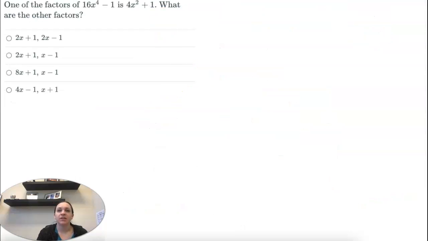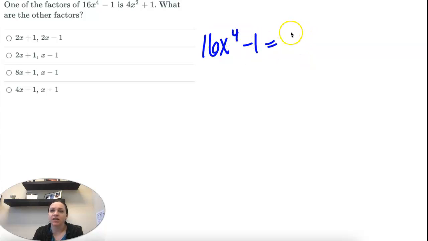Alright, so this one's a little different. One of the factors of 16x to the fourth minus 1 is 4x squared plus 1. What are the other factors? So this is actually one that we've done before. This is a difference of squares, but now since we have x to the fourth, our squares are x squareds here.